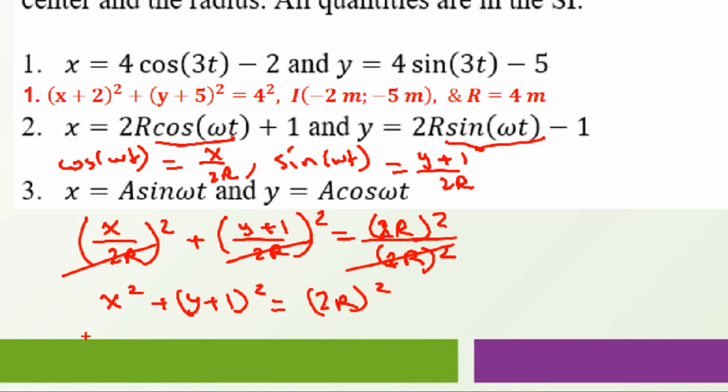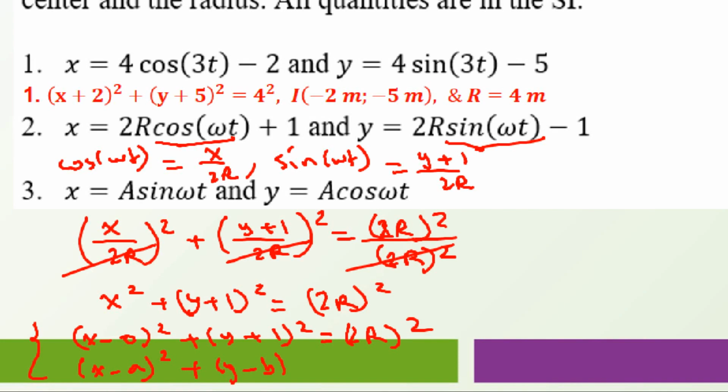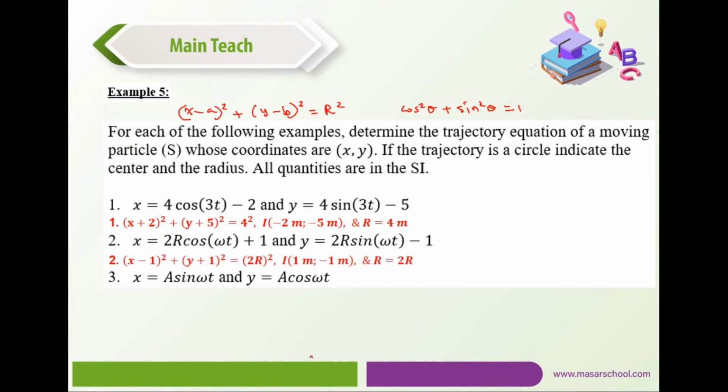And let me write it in the following form: (x − 0)² + (y + 1)² = (2r)². I have added the 0 because I'm writing it in the form (x − a)² + (y − b)² = r². Then in this case a is 0, b is negative 1, because minus b is 1, and the radius would be double r, and that would be the answer.